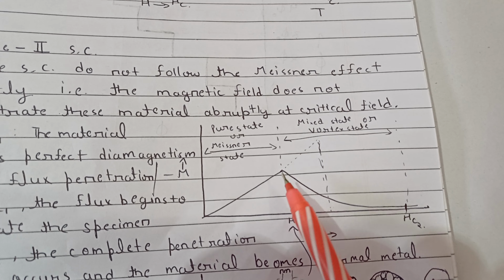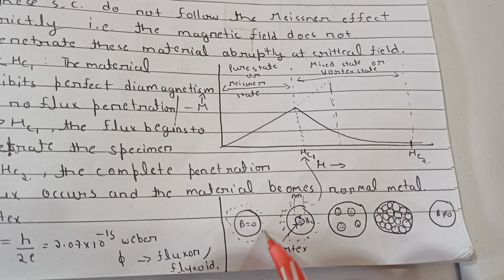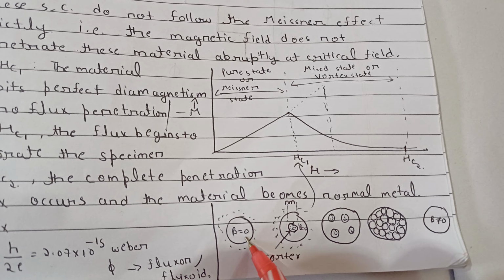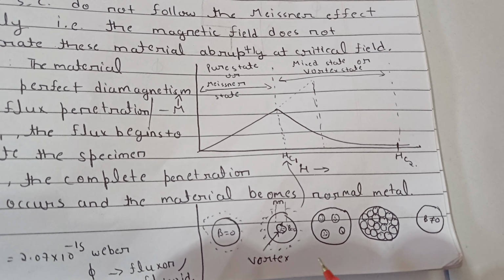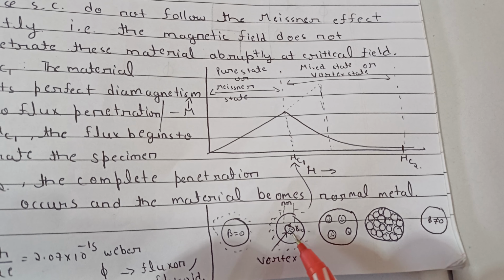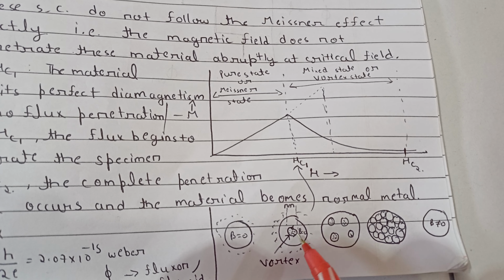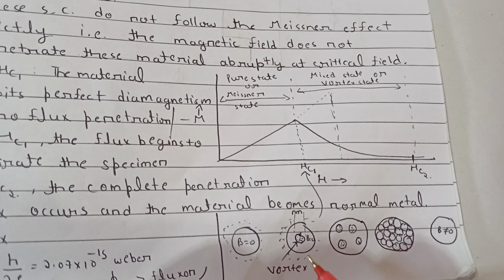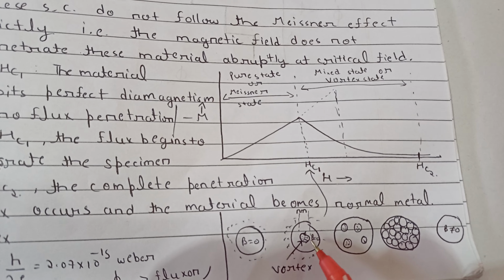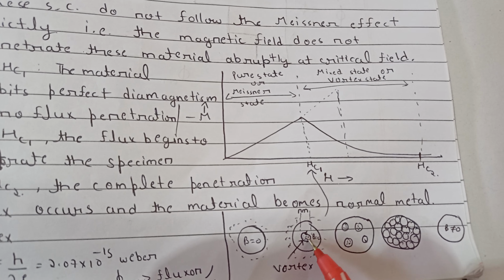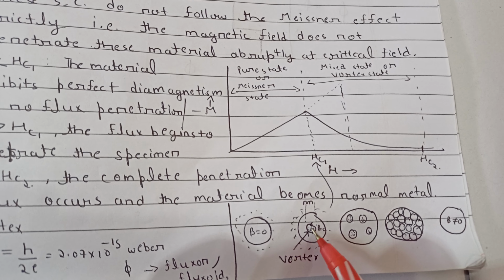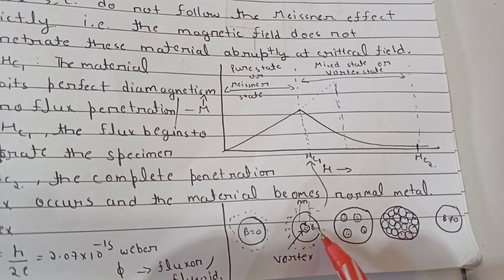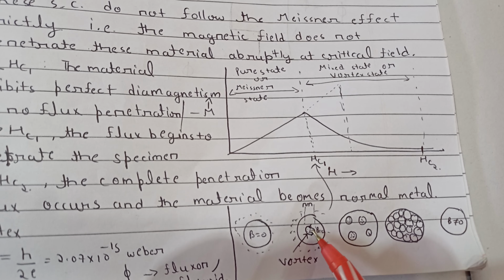Below HC1 the field is zero inside, but when it reaches HC1, some very small point-sized hole comes into the material, meaning the field starts to penetrate the material. That point is called the vortex. From there the field starts to penetrate. So outside of the vortex B will be zero, but not zero at the vortex.